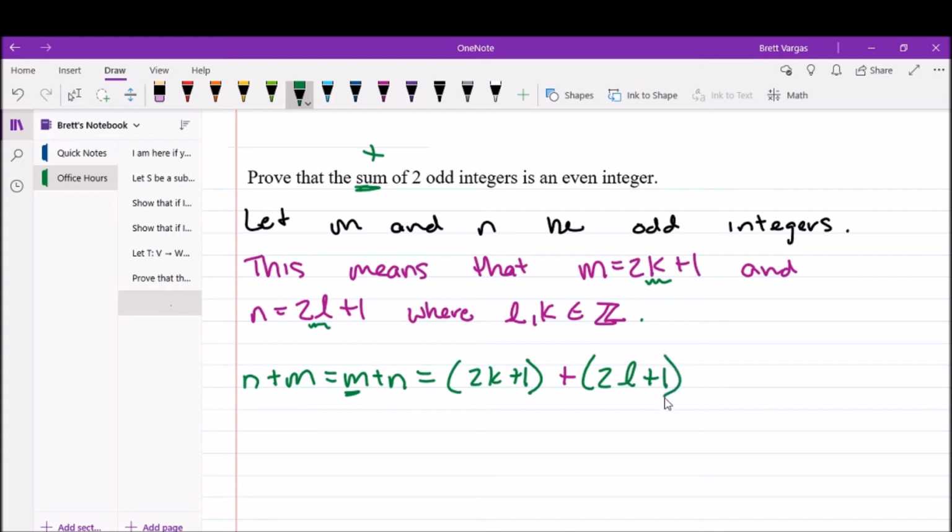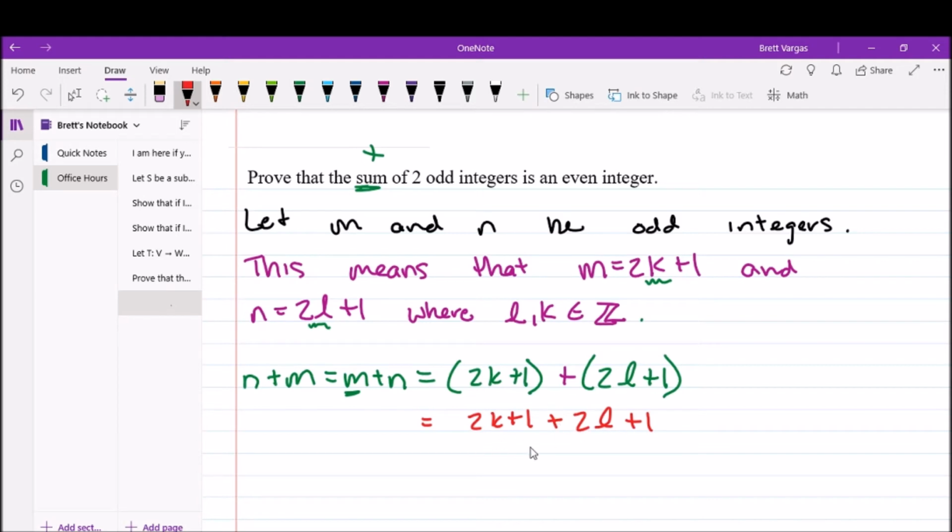Since this is just addition and there's no multiplication going on, I can get rid of all the parentheses. So what I get is 2k plus 1 plus 2l plus 1, okay?